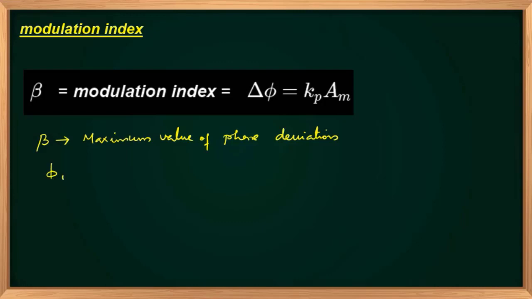Phi i is given by Kp into m of t, so maximum phase deviation will occur when m of t is maximum.